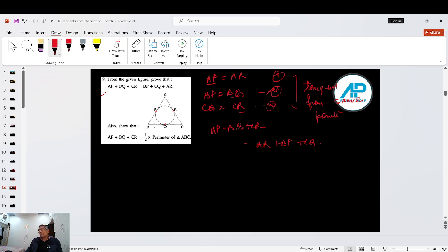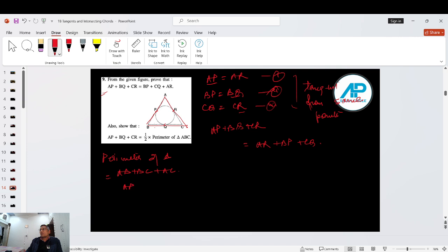Now let us first find the perimeter of the triangle. What is that? AB plus BC plus AC, the perimeter. And I can split it into parts.